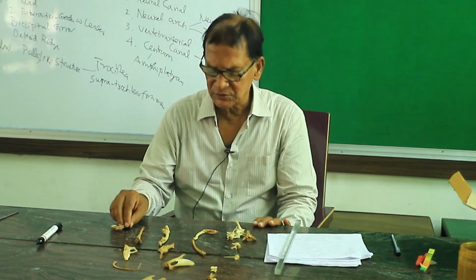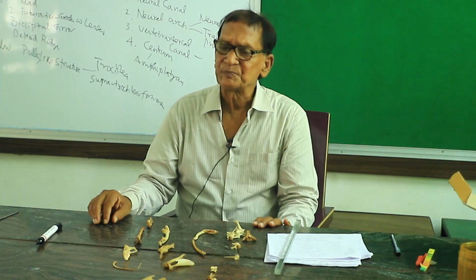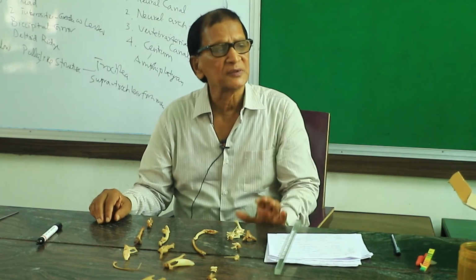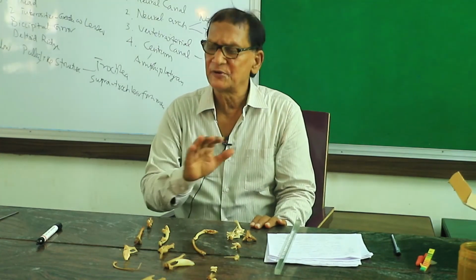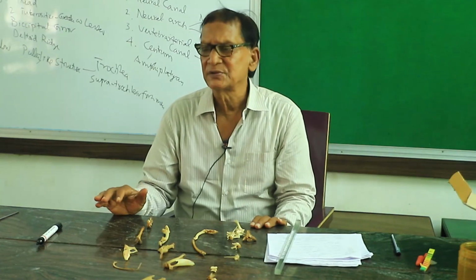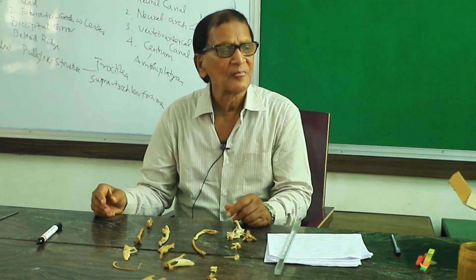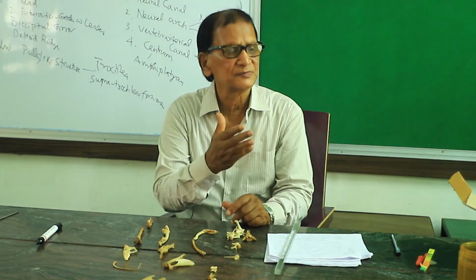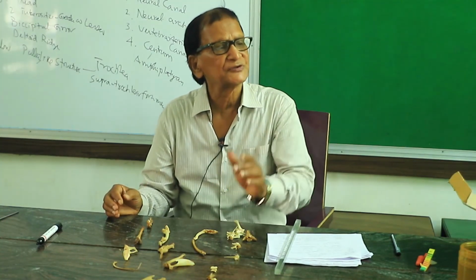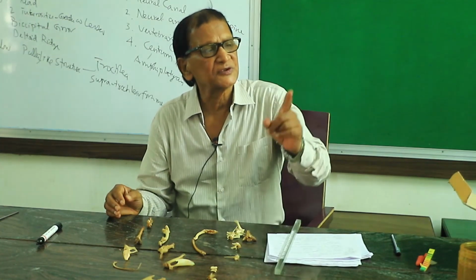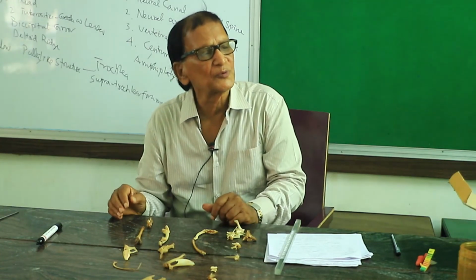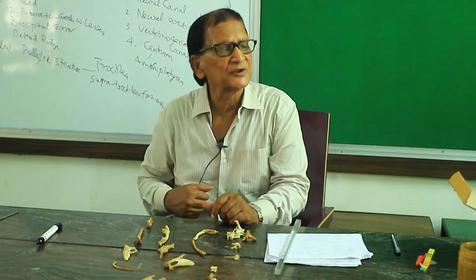So this is all about the rabbit skeleton. And if you compare the skeleton of rabbit with the human skeleton, the divisions, the bones, they are almost similar. Similar bones are present. Maybe there is a slight difference in the number of these bones in the different regions. In the chest region, the thoracic region, the thoracic case that is formed is meant to protect the lungs and the heart.